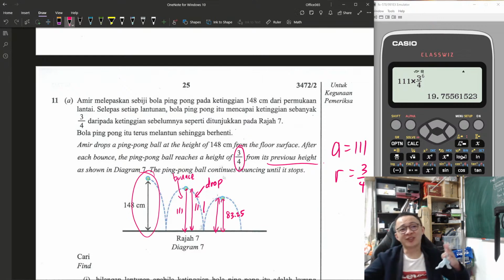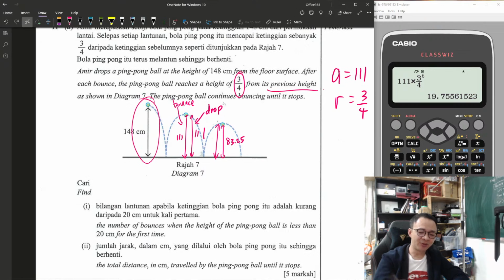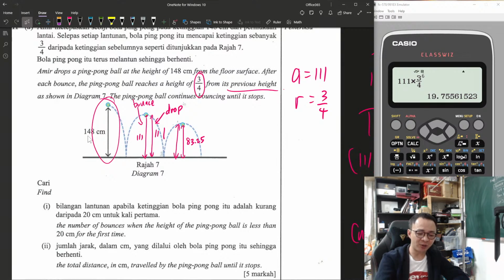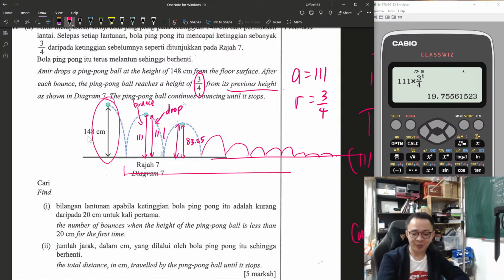Then the rest of the distance is 2 times. Okay, so right now, because I know this one is going to keep on dropping until super low, we will just assume I want to sum all of this to infinity, which is a over 1 minus r.